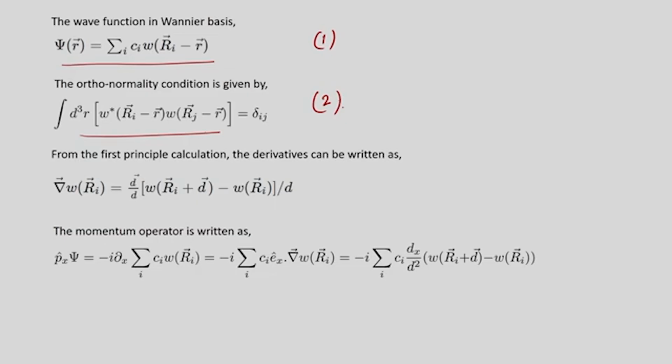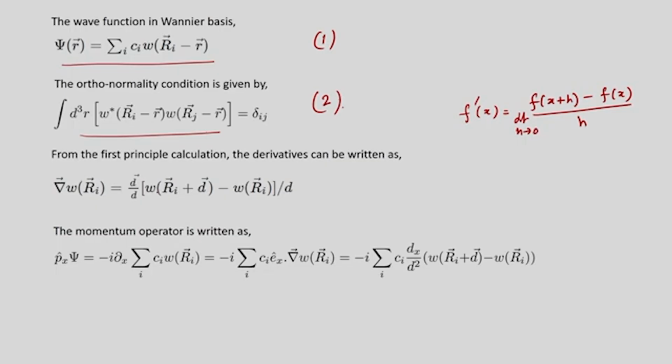Now, it is well known that when you want to write derivatives on a lattice, one does it like this: f prime of x is equal to f of x plus h minus f of x, divided by h, in the limit h tends to 0. That is a definition that we have probably learned in school.